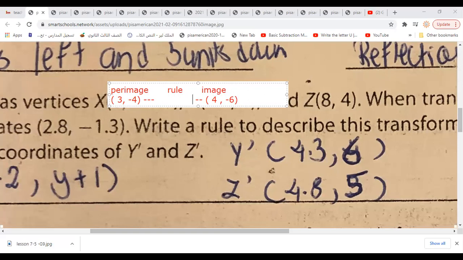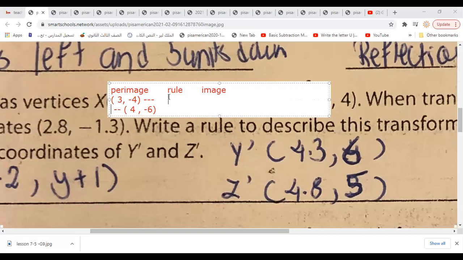So we have to subtract: image minus pre-image. 4 minus 3 equals 1, which means you add 1 to x, so x plus 1.